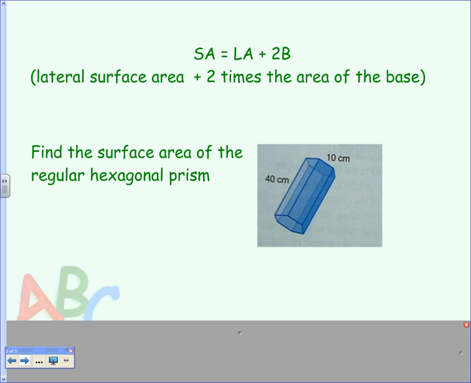Do you think you can find the total surface area of the regular hexagonal prism by yourself? Maybe?